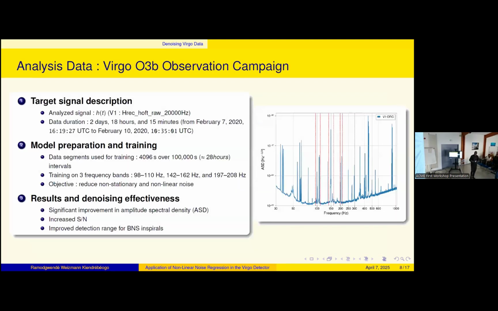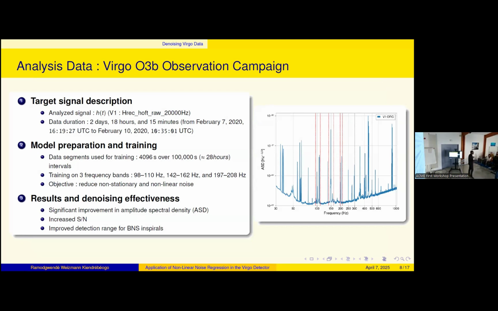Okay, now let's talk about the data we analyze with the Virgo detector. We consider the data from O3B observing run, and focus on a total of 2 days and 18 hours of data.